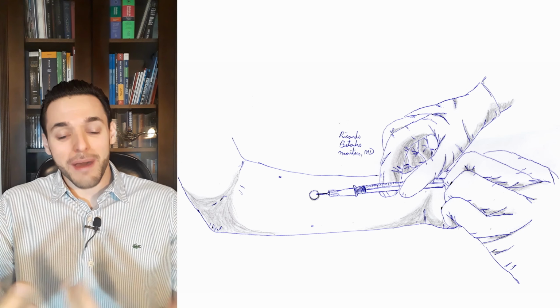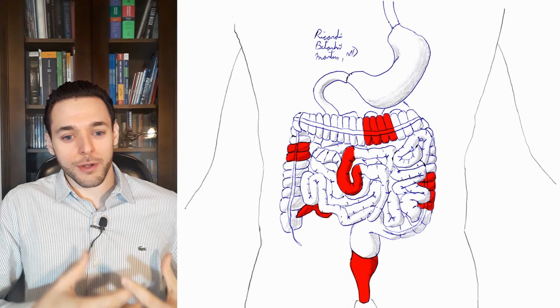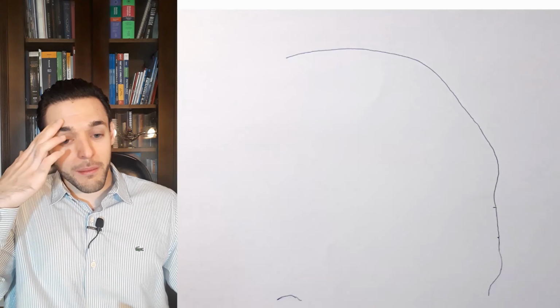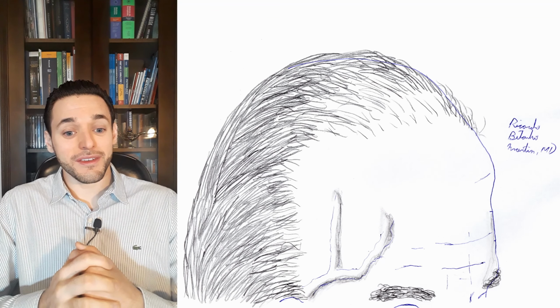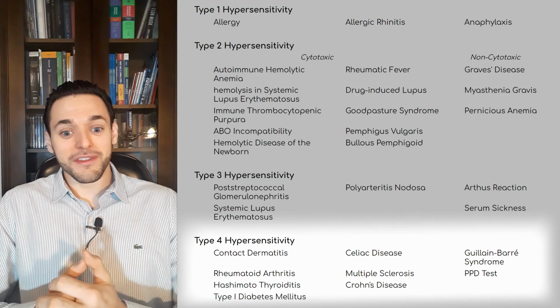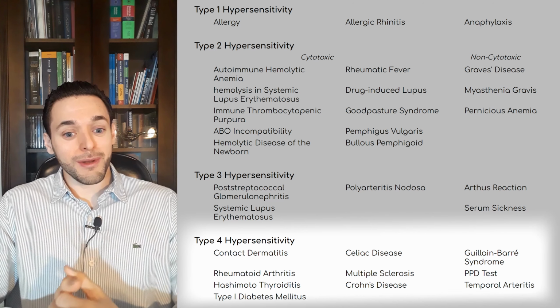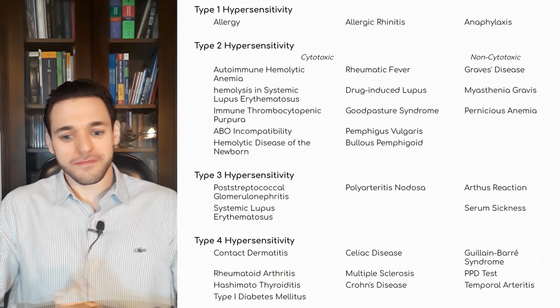It's a cell-based defense. So, when you see granulomas or granulomatous autoimmune diseases, such as Crohn's or temporal arteritis, suspect type 4 hypersensitivity. If you see granulomas, it's a cell-mediated immunity. If it doesn't involve immunoglobulins as the primary mechanism, it's a type 4 hypersensitivity.